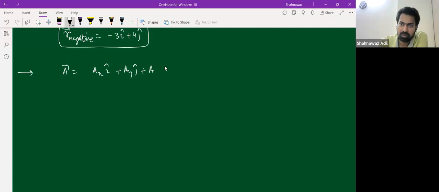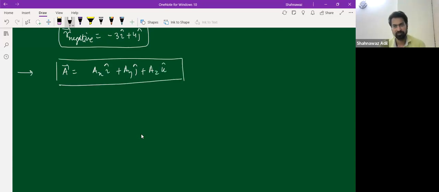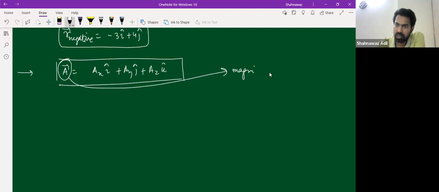A vector has two important parts: magnitude and direction.